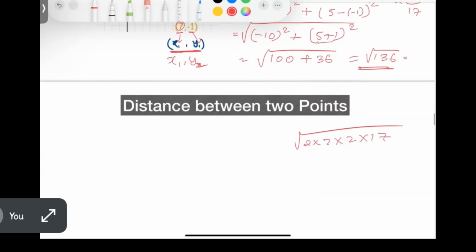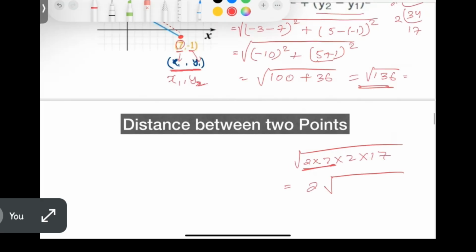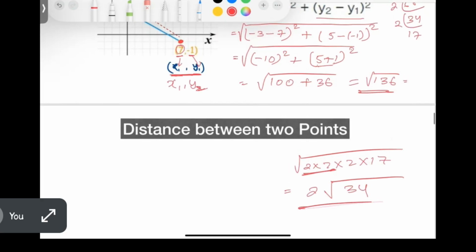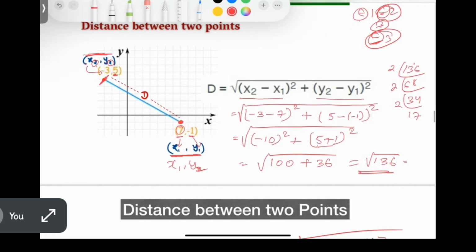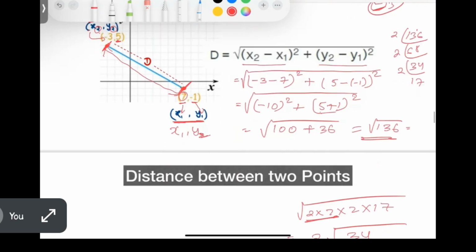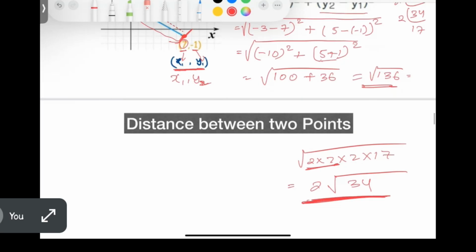So this number is repeating 2 times. In a square root, if a number is repeating 2 times, you can take one out of the root. So I have taken one out. So 17 into 2 is nothing but 34. So the distance between these 2 points, from this point till this point, is nothing but 2 root over 34.